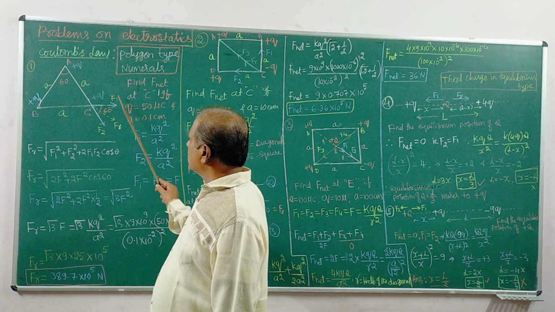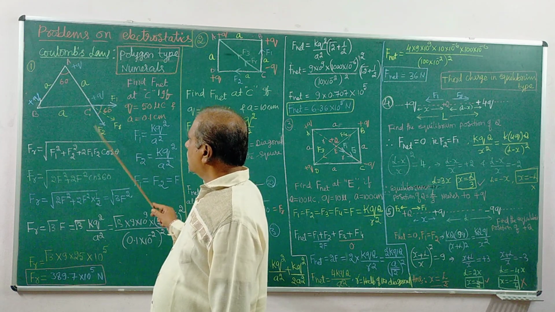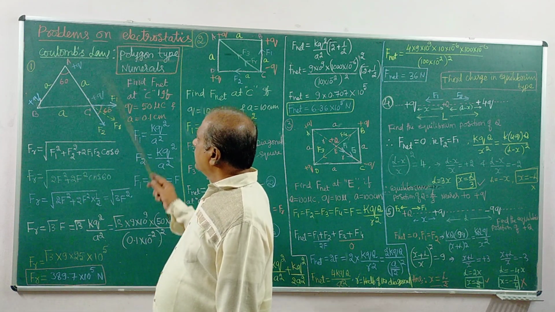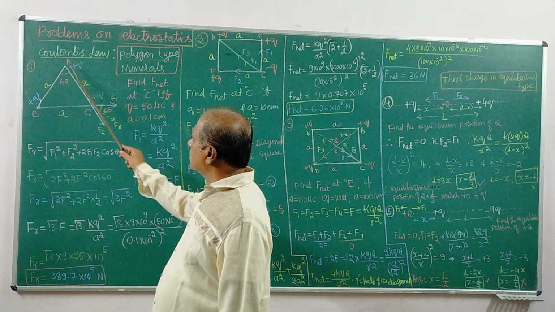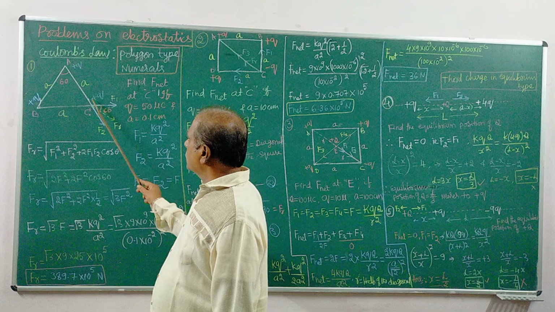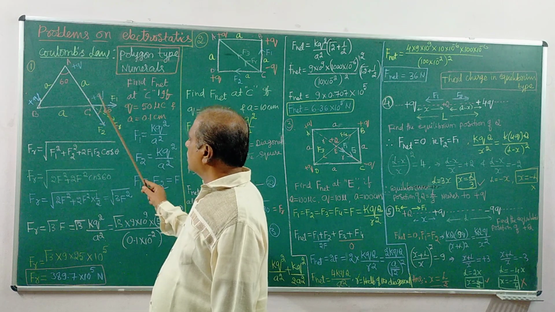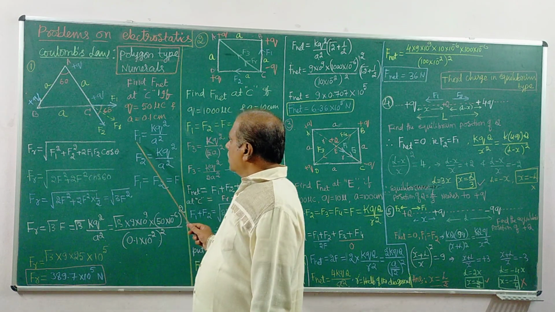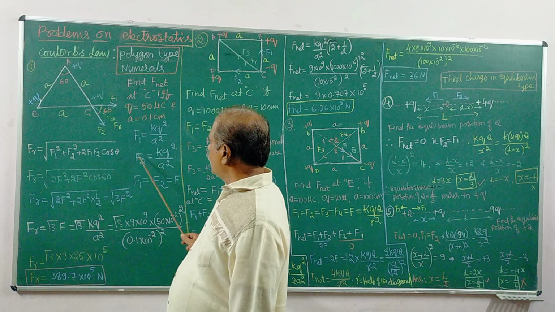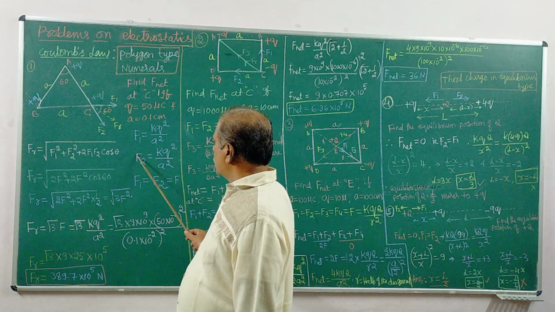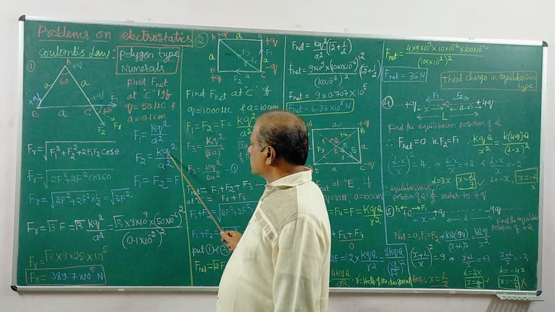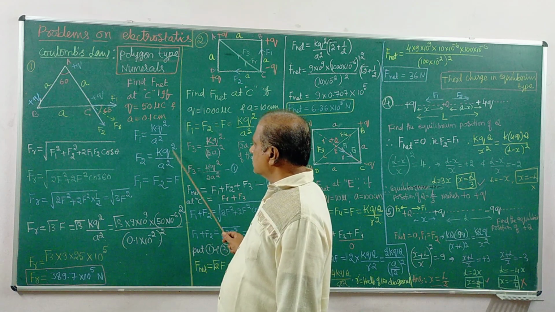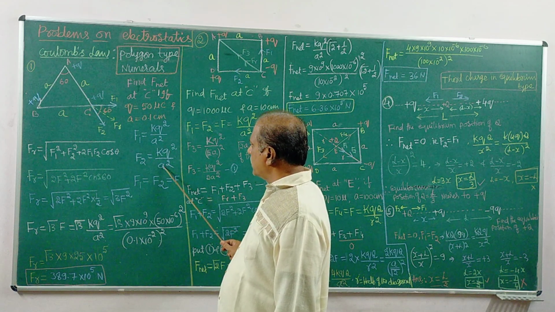Let us write F1 and F2 in accordance with Coulomb's law. The charge at this point is plus Q, at this point is plus Q. F2 is equal to Coulomb's constant K into charge into charge, that is Q into Q, square by A square.